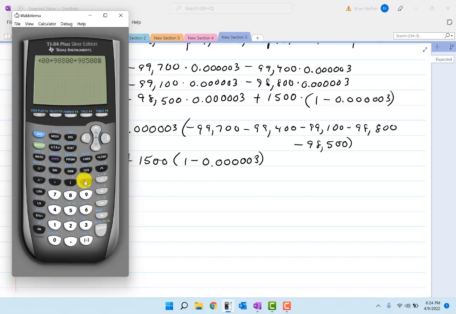Finish the parenthesis off. Plus 1,500. Start a new parenthesis. 1 minus 0.000003. Finish the parenthesis up. Got to be careful there. Finish that parenthesis, and let's see what we have.